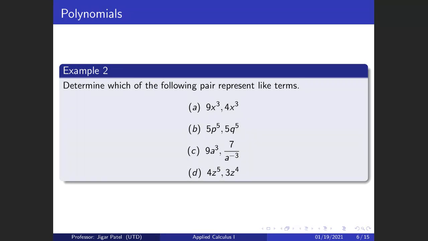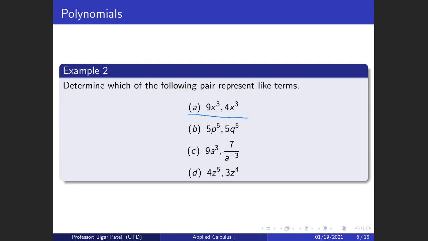I'm going to answer the first question, and then I want you to write down the answer for the next sub-problems as I ask them. Let's start with the first pair: 9x cube and 4x cube. Do they represent like terms?